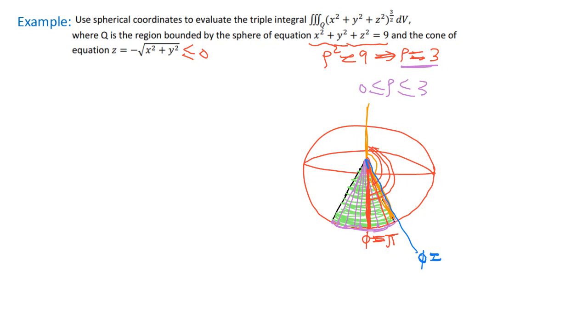I mentioned at the beginning of this session that when z equals plus radical x squared plus y squared, phi equals 0. But when z equals minus radical x squared plus y squared, phi equals 3 pi over 4. Thank you, Fatima. Yes. 3 pi over 4.